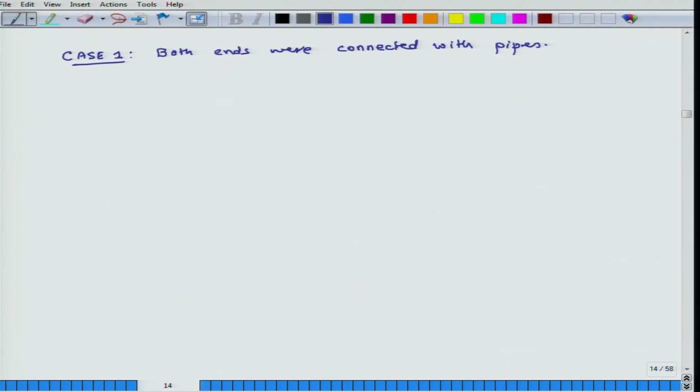So, the only source of sound outside was the housing, through the housing was the only path, and we have done the calculation for this. So, we know how to calculate. In the second case, we have a different situation.